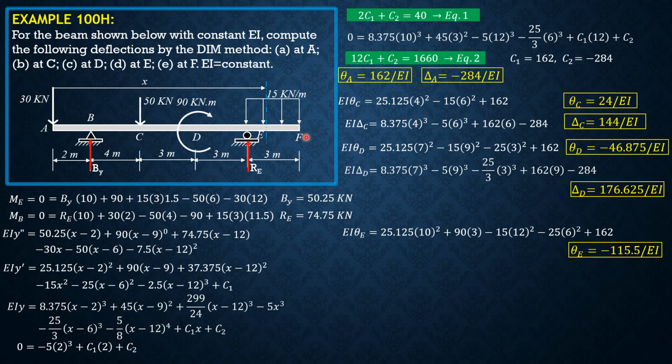Then at F, x is 15. So let's solve for theta F first. Into this equation, take note x is 15, so all these terms are positive, so we use all these terms.